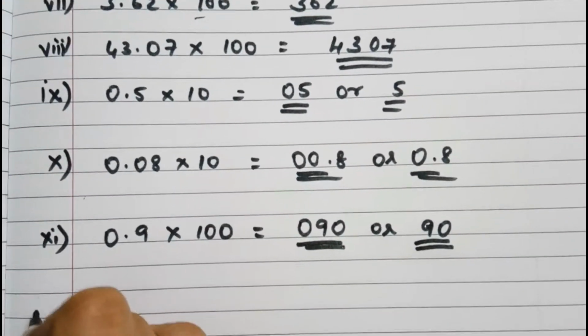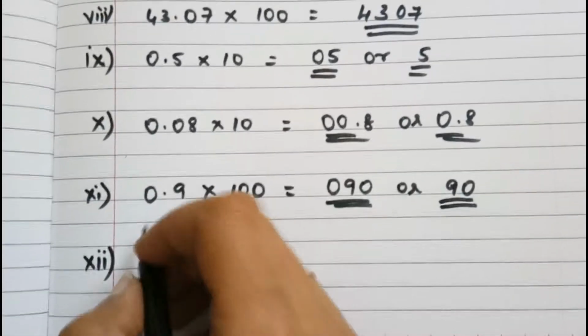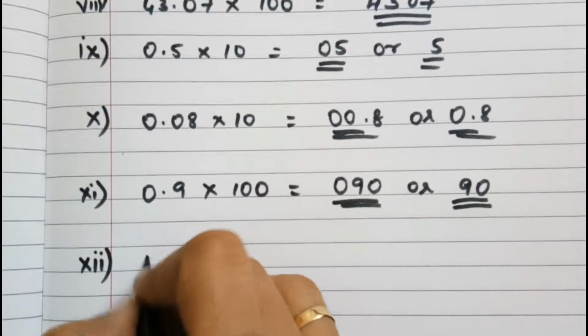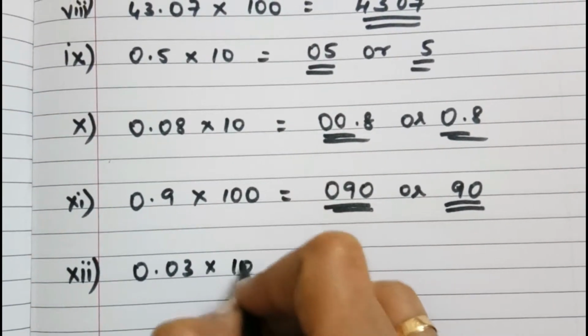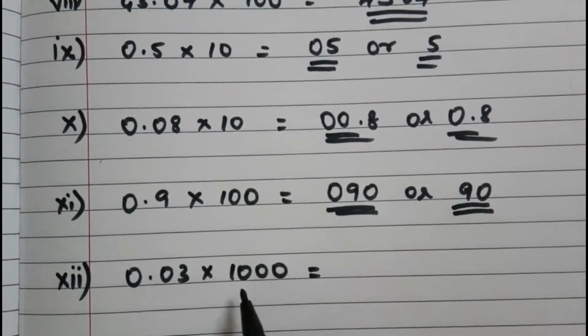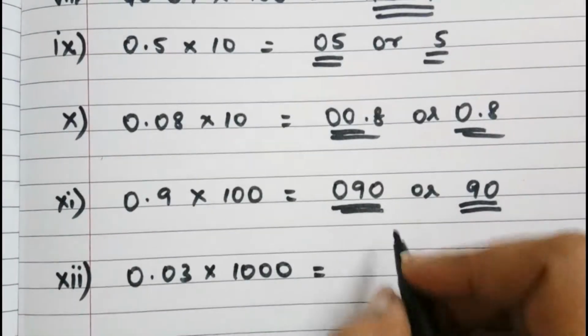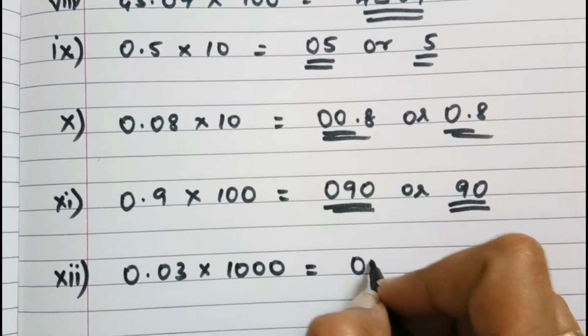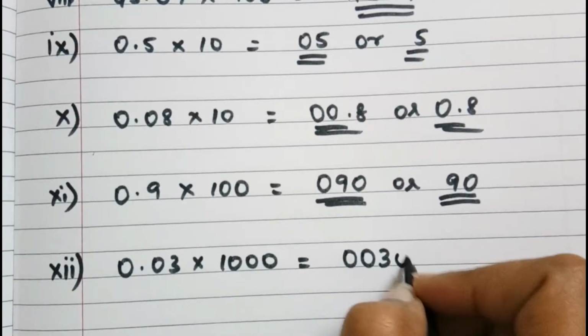Okay. The last but not the least is the 12th one, and that says 0.03 into 1000. Great. So here three zeros and two numbers. What will be the answer? 0, 0, 3 and 0.